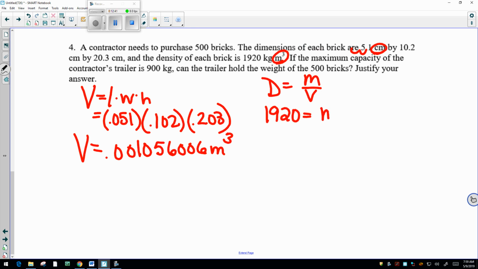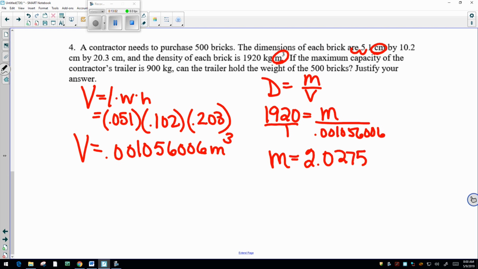I don't know the mass, that's what we're trying to find, but we know the volume of each brick. We just calculated that. That's 0.001056 and change. And again, put this over 1 and cross multiply, and that's going to tell us now our mass of each brick is about 2.0275, and keep in mind our units, we are in terms of kilograms.